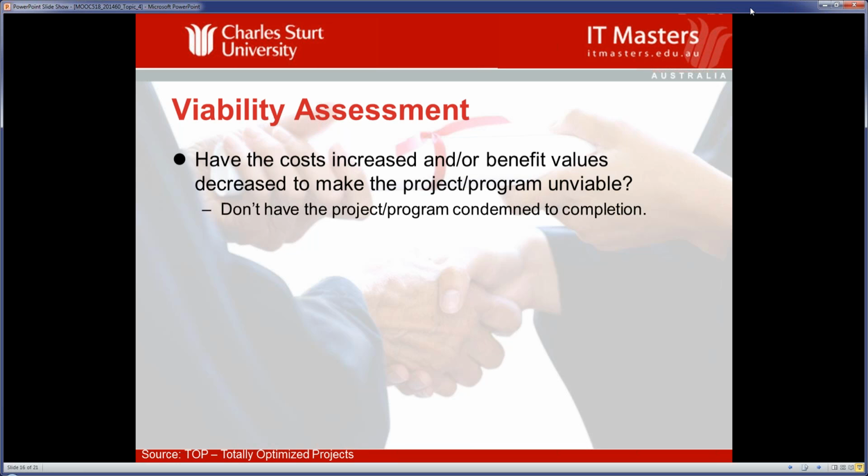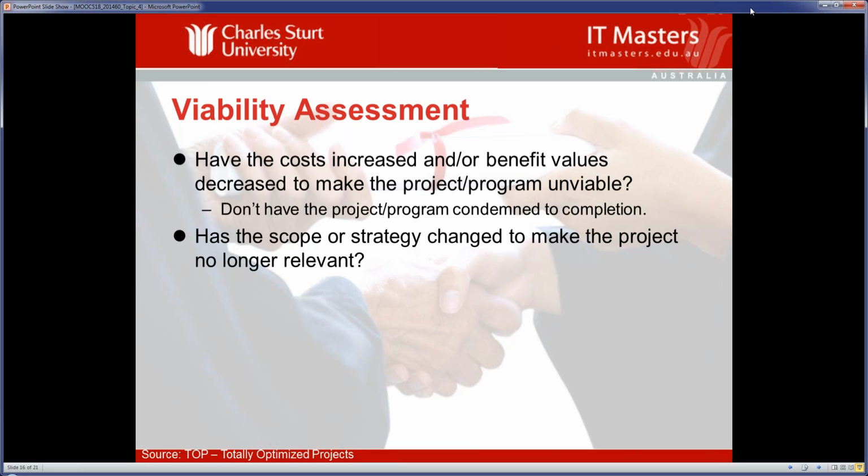So the concept here from a governance perspective is we need to assess the viability from time to time to make sure that it's still worthwhile. And what do we look at? So we start looking at the costs and the values and the value drivers. And as I said, we don't put it through to be condemned to completion. Now, has the strategy changed? Because some of these programs of work could be 2 years and the strategy may have already changed.